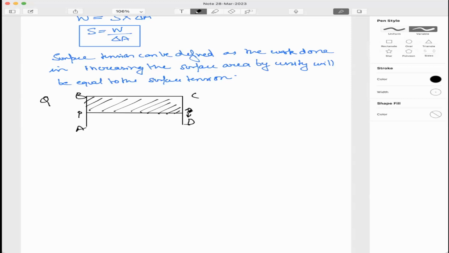You can slide this wire, and you put a small weight mg. Surface tension of soap film is 0.03 Newton per meter.